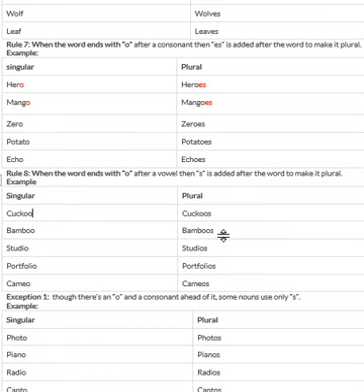Simply you can remember this. Cuckoo becomes cuckoos, bamboo becomes bamboos, studio becomes studios, portfolio becomes portfolios, cameo becomes cameos.